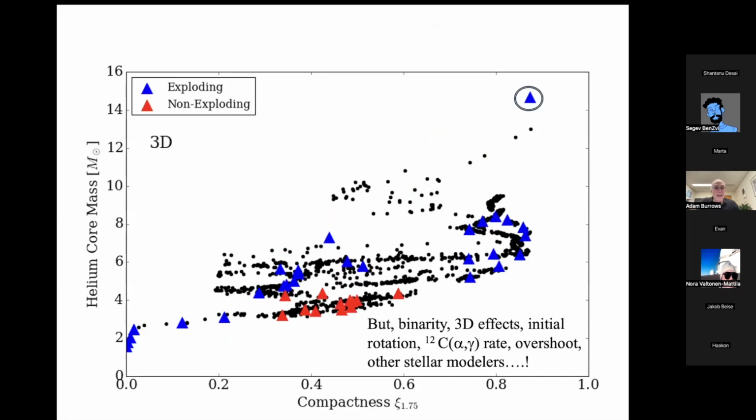Okay. Here are, though, our helium core mass versus compactness, where the triangles are 3D models we performed a couple of years ago. The red triangles form black holes. The blue triangles exploded, including this one way over here, which had the highest compactness of all.